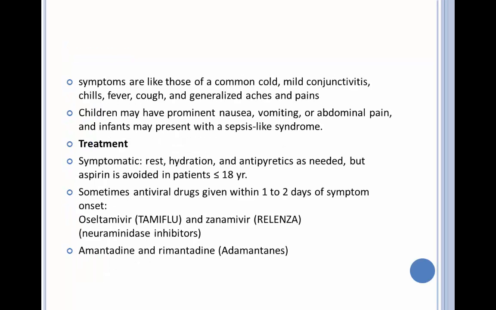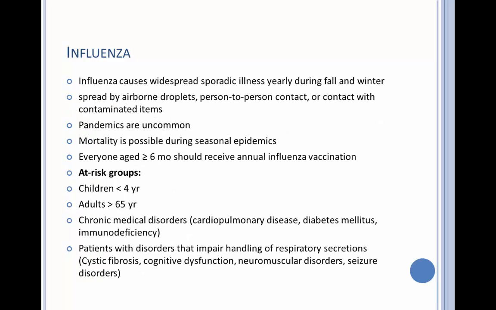Influenza virus is actually transmitted by airborne droplets or person-to-person contact, or basically contact with contaminated items. A risk group are those less than 4 years of age, and of course adults more than 65. So that's the population that is targeted for influenza vaccination, even though everyone more than 6 months of age should be vaccinated.